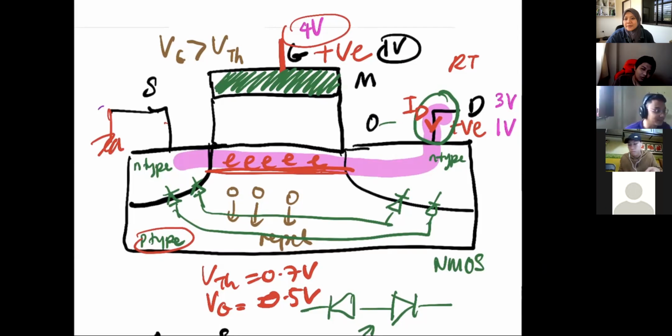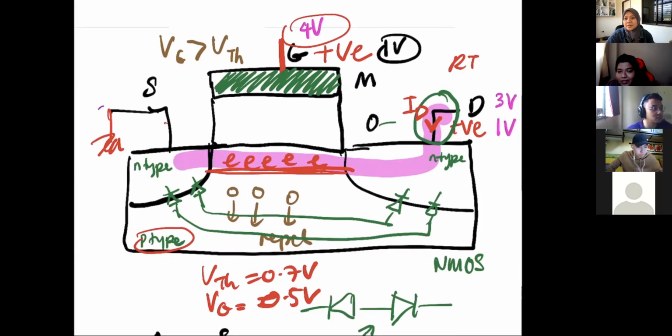So, in my opinion, when you increase the voltage, more electrons would be attracted to the channel.